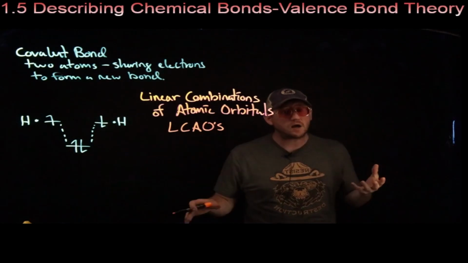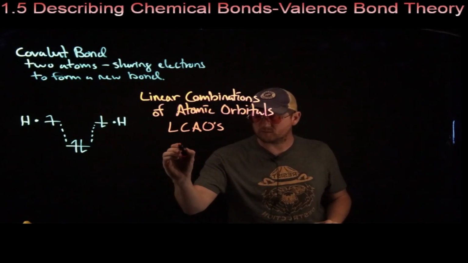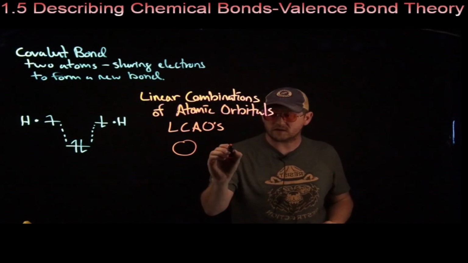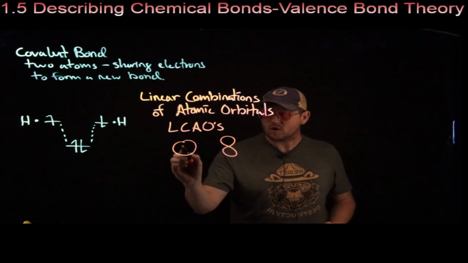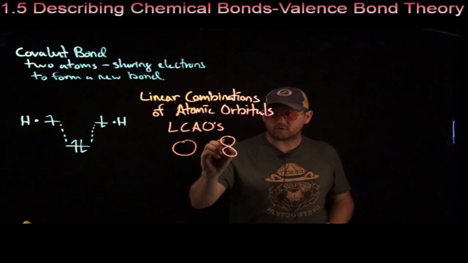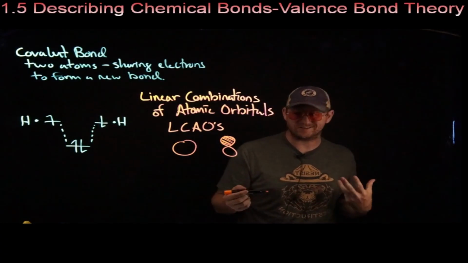Now, when we talk about orbitals, we can talk about s orbitals, and we can talk about p orbitals. Now, for an s orbital, we know that it's a sphere, and for a p orbital, we know that it is a dumbbell shape, and one of those dumbbells is shaded.